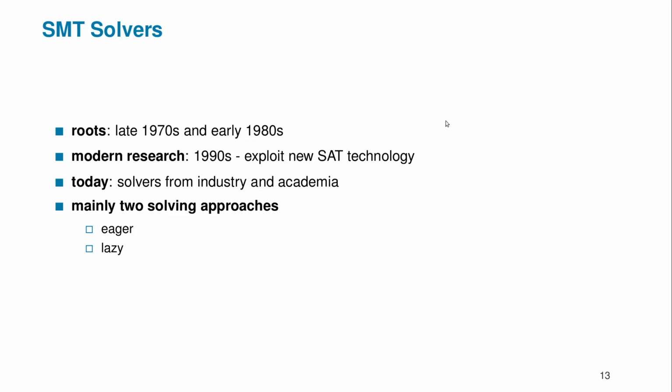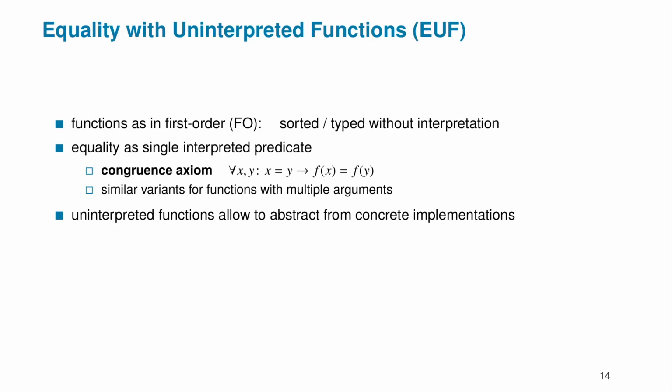What I would like to do today for the remaining time is I would like to have a look at two background theories and show you how the reasoning with this background theory works, and how a decision problem for the theories can be decided. The first theory I would like to show you is the theory on equality with uninterpreted functions, which is abbreviated EUF.